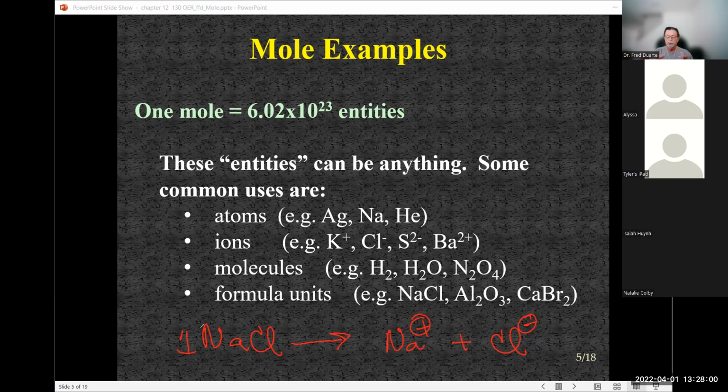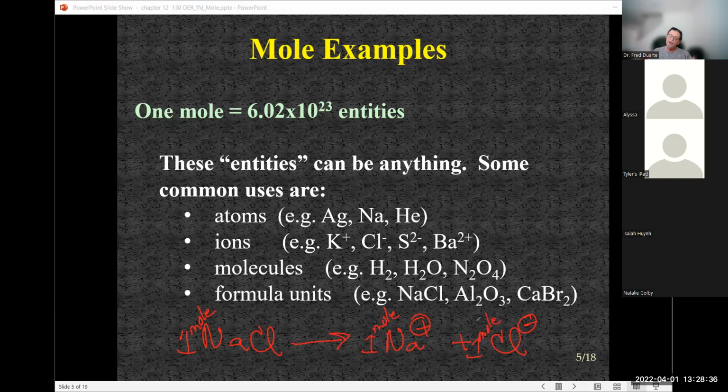Okay, so one molecule of sodium chloride will dissociate to give you one sodium ion and one chloride ion. Now, I'm using the term molecule, but I can change the word to say 1 mole of sodium chloride. If I had 1 mole of sodium chloride and I dump it in water, the ions dissociate and I get 1 mole of sodium ions and 1 mole of the chloride ions.